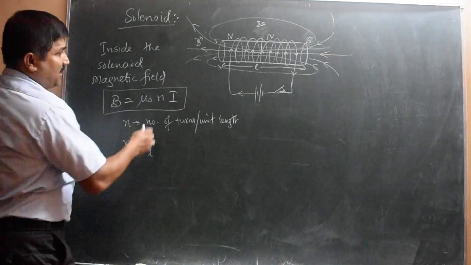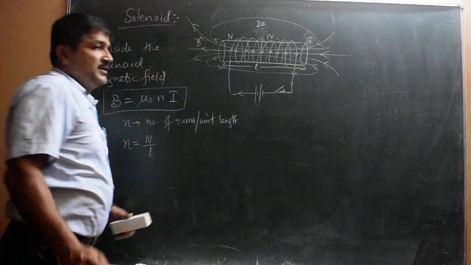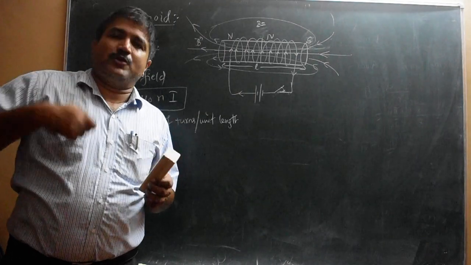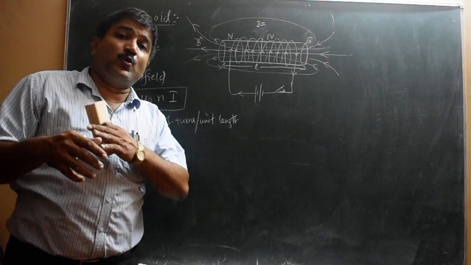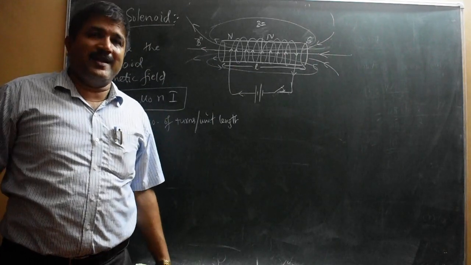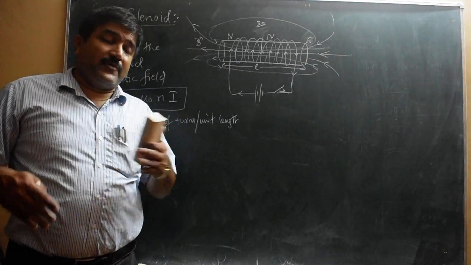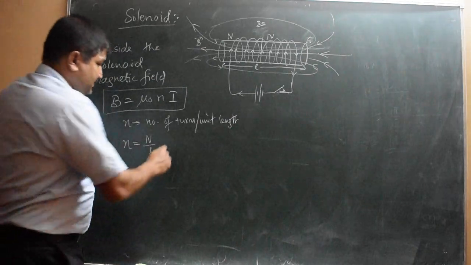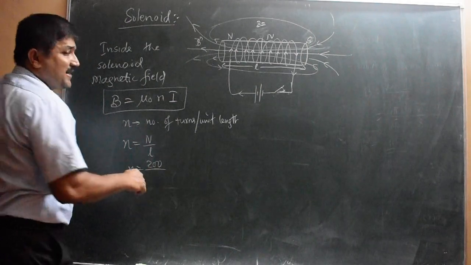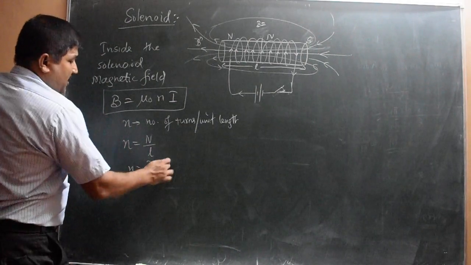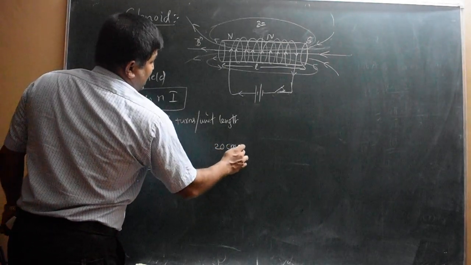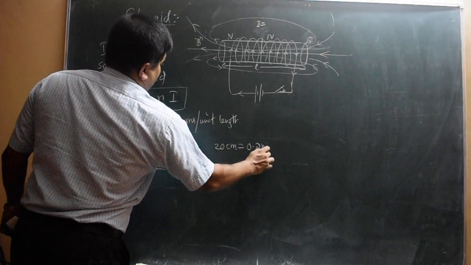For example, if there is a small solenoid with 200 turns, wound closely from one end to the other, and the length l is, say, 20 centimeter. When you write 20 centimeter in meter, it will be 0.2 meter.